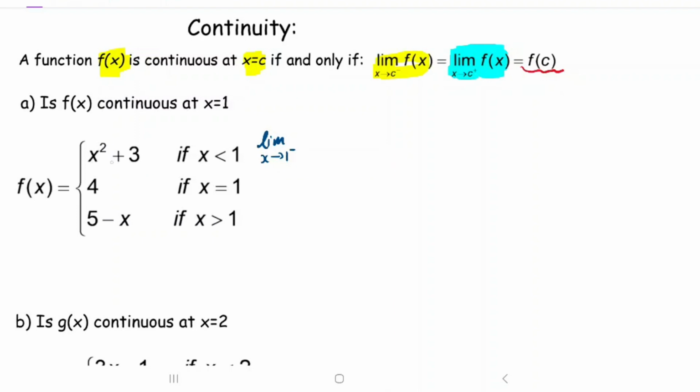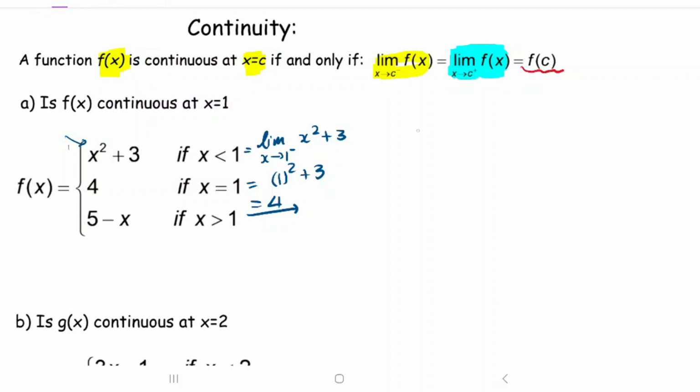As x tends to 1 from the left, it will inevitably bump into this function, the one over here. Now we take the limit as x tends to 1 from the left. Wherever we find x, we substitute 1 and see where that leads us. So 1 squared plus 3 gives us 4.